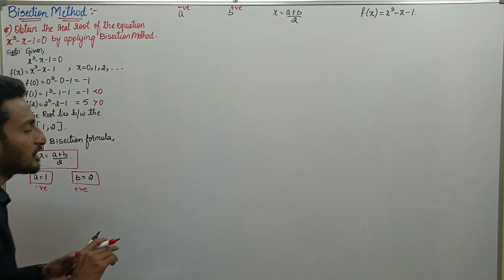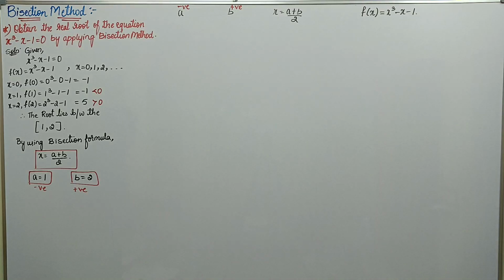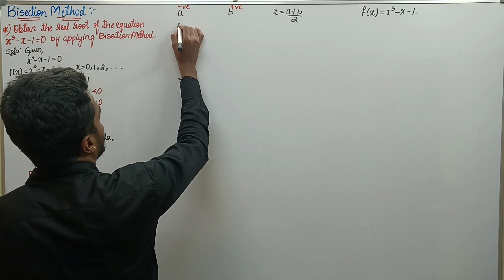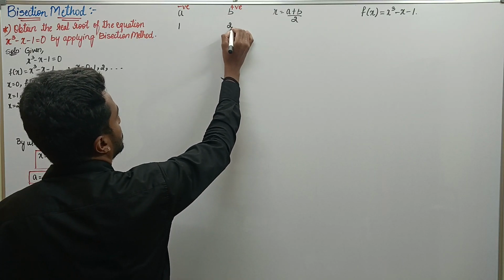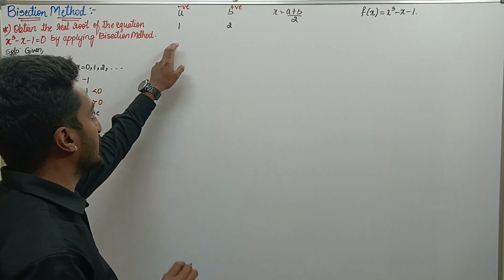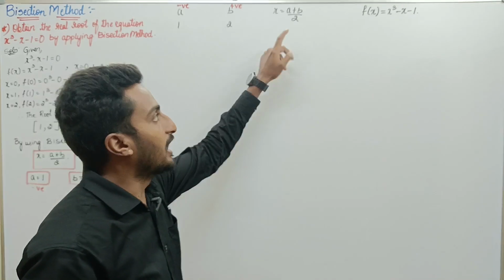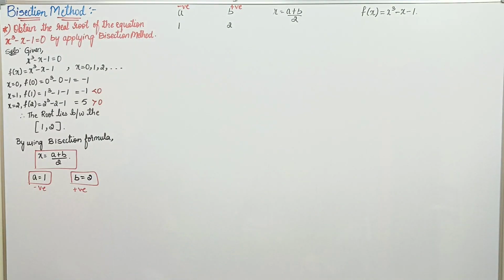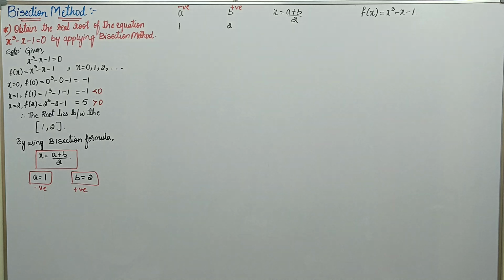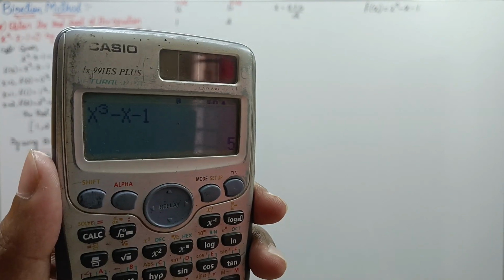I am going to explain step by step how to simplify and how to find the approximate value. First give the value of a is 1 and b is 2. Done? Now substitute a and b in the value of x. Since we have already given the function value, don't do anything.